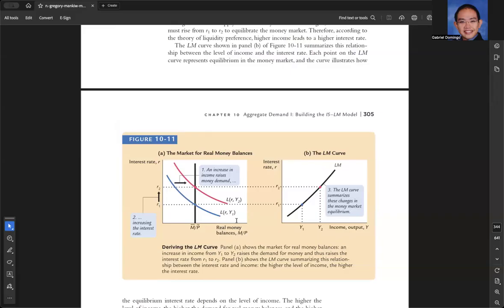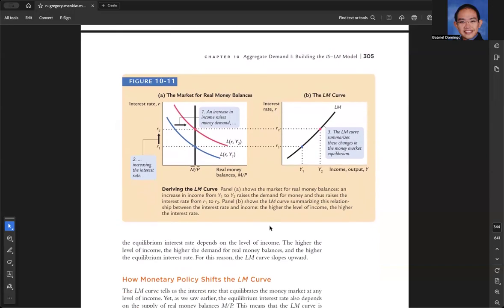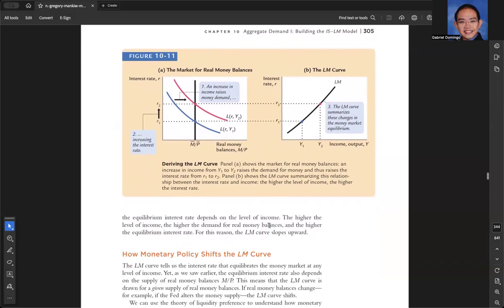So a higher income from Y1 to Y2 will lead to a higher real interest rate, R1 to R2. And that's depicted here in the LM curve. So Y and R are positively related. The higher the Y is, the higher the R is. So that's the LM curve.